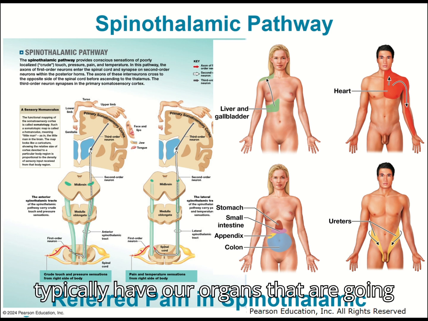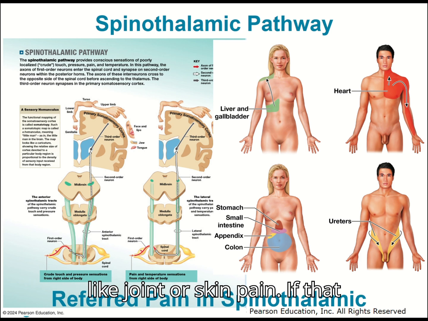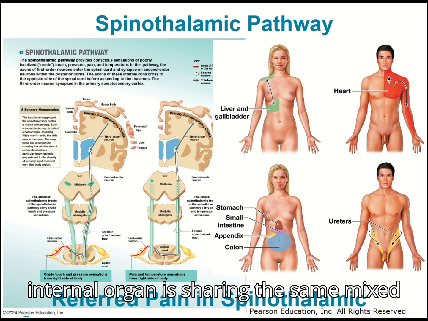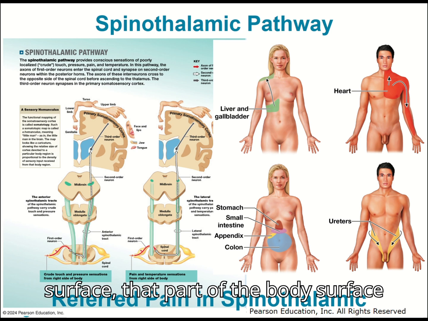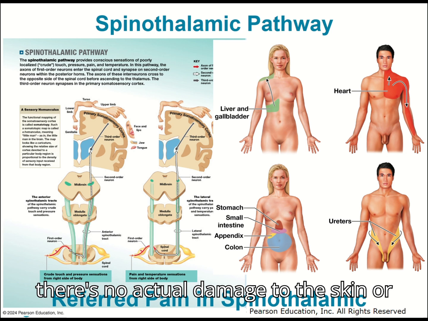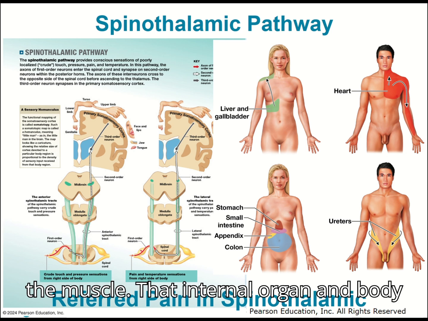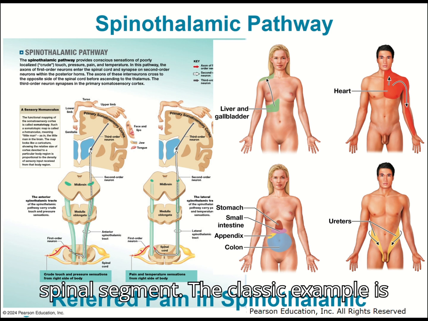We don't typically have our organs feel typical pain that we think of, like joint or skin pain. If that internal organ is sharing the same mixed nerve as that particular part of the body's surface, that part of the body's surface can exhibit pain symptoms even though there's no actual damage to the skin or the muscle. That internal organ and body surface are innervated by that same spinal segment.